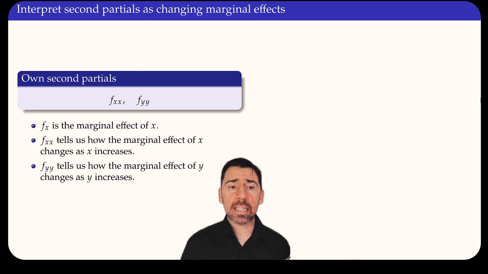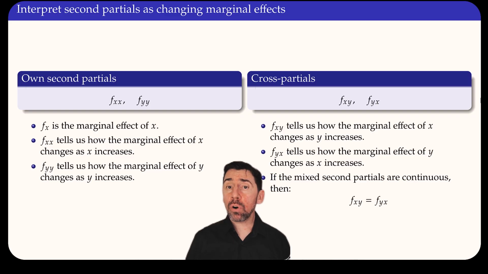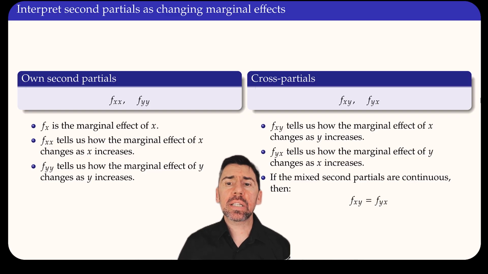F subscript xx tells us how that marginal effect of x changes as x changes. If we look at the cross partials, f subscript xy tells us how the marginal effect of x changes as y increases. F subscript yx tells us how the marginal effect of y changes as x increases.